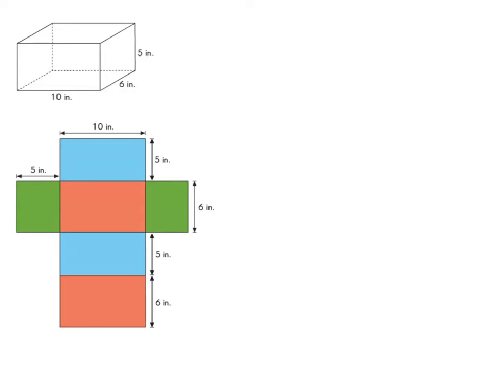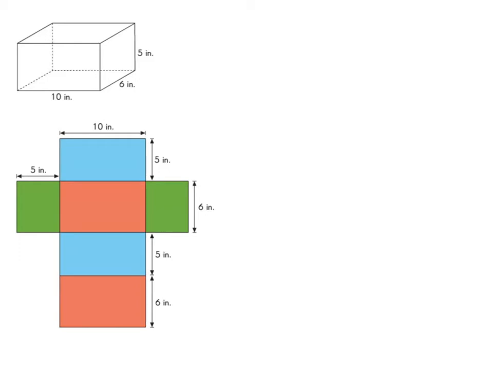In this net, each pair of the opposite congruent faces in the solid are colored as shown. The top and bottom faces are this kind of orangey red. The front and back are blue, and the left and right are green. So we have 3 different congruent faces that we're working with.